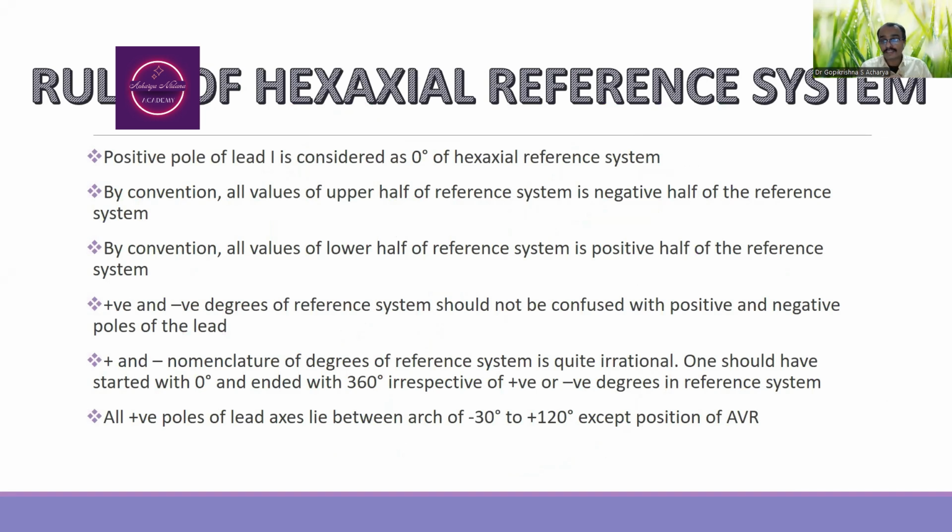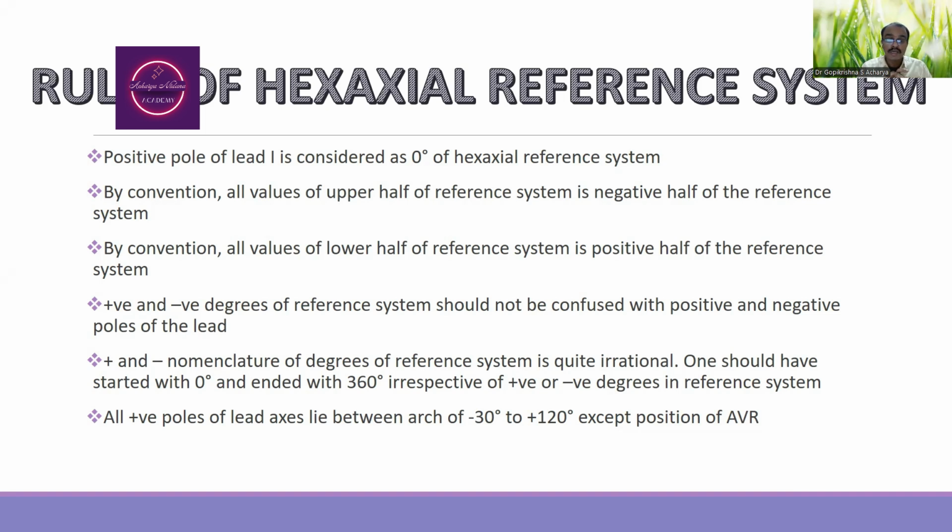Regarding the rules of the hexaxial reference system, these are the rules that one has to follow while looking into the hexaxial reference system and its usage. The positive pole of lead 1 is said to be the 0 degree of the hexaxial reference system.